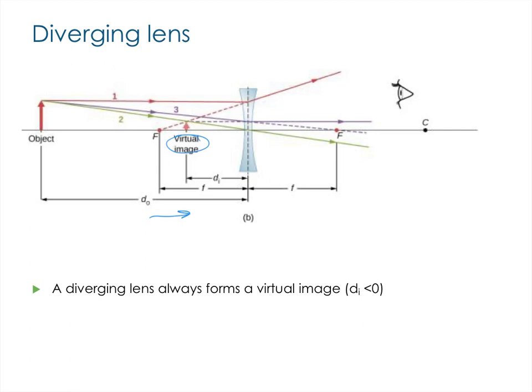For a lens, we assume the light will pass through it, and so we expect the image to be on the side of the outgoing light, which in this picture would be to the right of the lens. But when we see the image to the left of the lens, which is on the side of the ingoing light, we definitely know that this is a virtual image. You can see that this virtual image is upright, but also note that because of where it's located, its image distance would have to be negative.